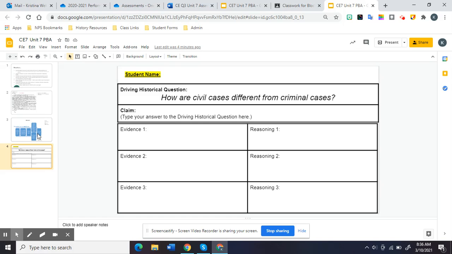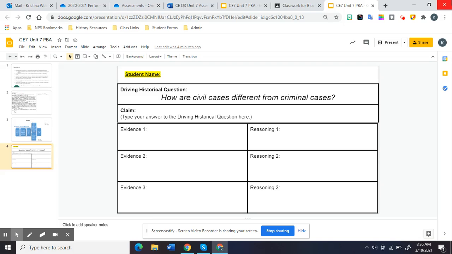Do not overthink it. Now you're going to type your claim based on what you read, those two documents. And make sure it is clear. Remember, just take off the question words how and are and start your sentence with civil cases are different from criminal cases because blank, and fill in.